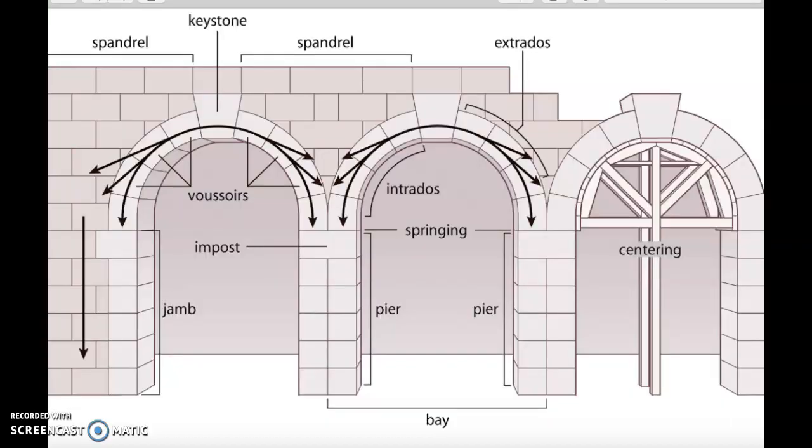So this is a diagram showing the system of building that the Romans worked out using arches that then becomes the main system of building around 1000, 1100, 1200. So you see over on the right here, they're showing you the kind of wood scaffolding that you would use if you were a stone mason builder to support the arch that you would build.